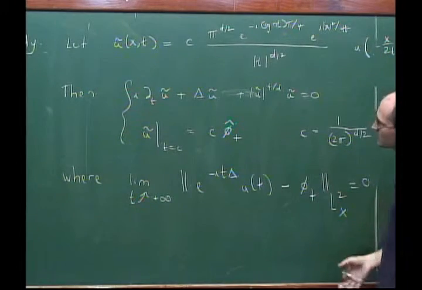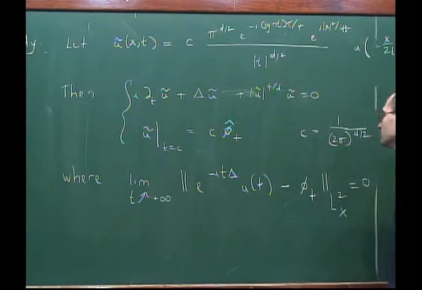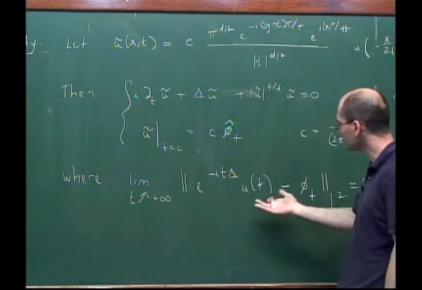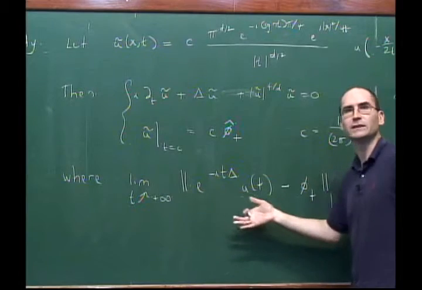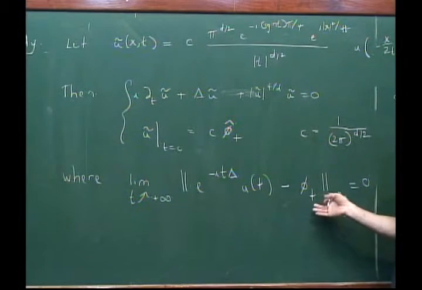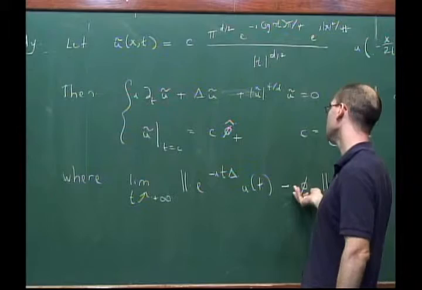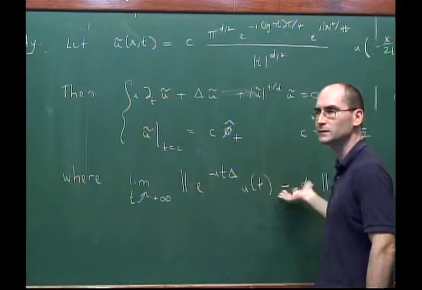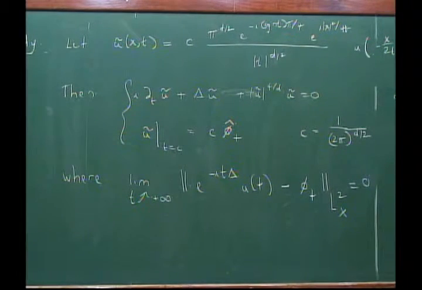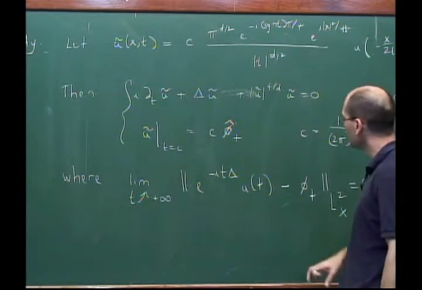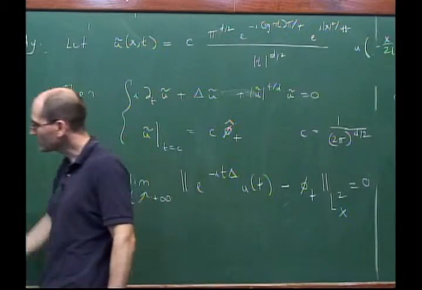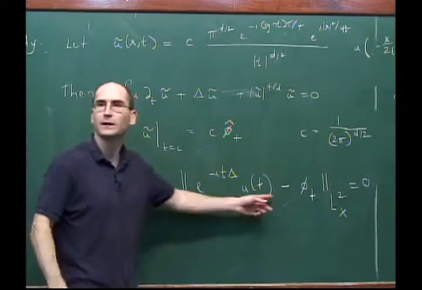What this is saying is that we're assuming we have a solution u to critical NLS, and it has the property that as time goes to infinity, it matches a linear evolution, e to the it Laplacian phi plus. You can put e to the it Laplacian over here, or the negative over there. It's unitary. Provided such a phi plus exists, and certainly there are solutions to this equation where no such phi plus exists.